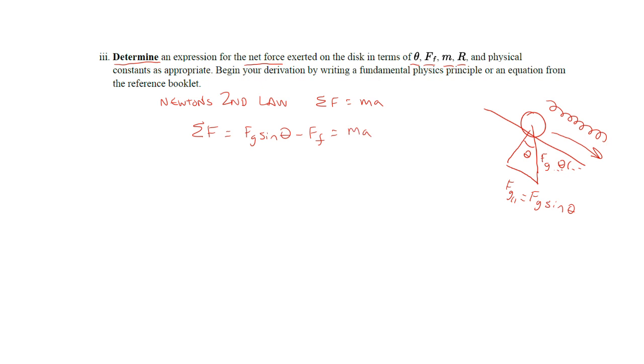So we can rewrite that as mg sine theta minus the friction is equal to ma. And that is the translational force, or that's the net force that's causing the disk to move down the ramp. So not the rolling force, or not the rotational motion, but the translational motion.